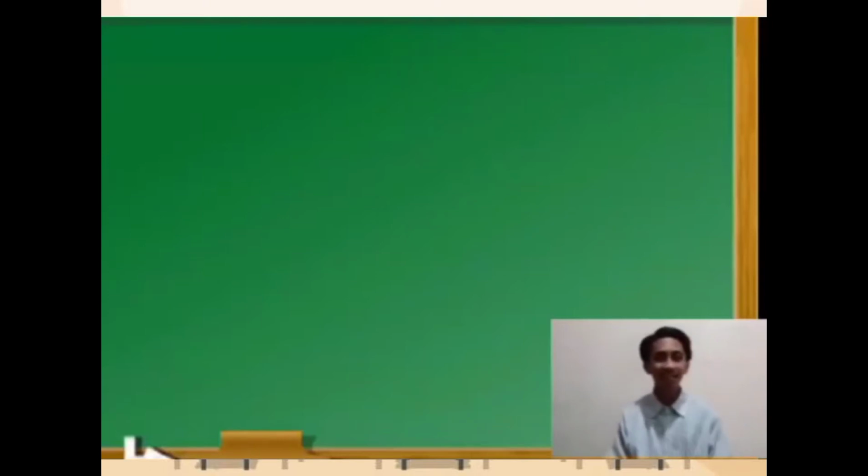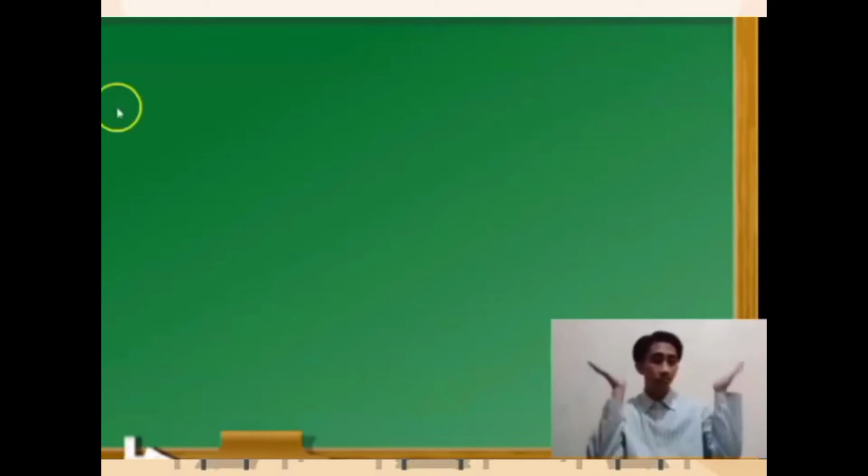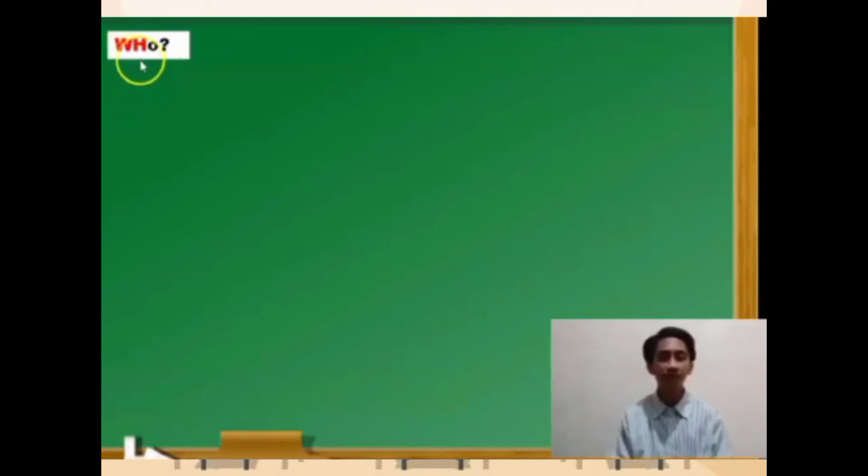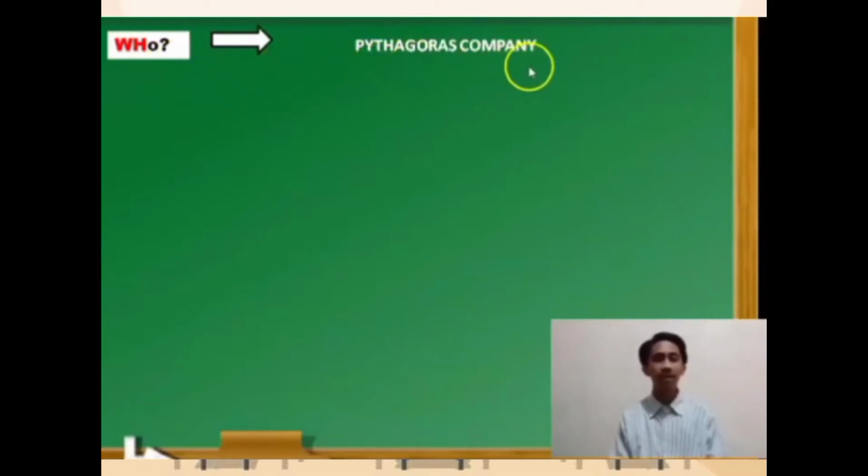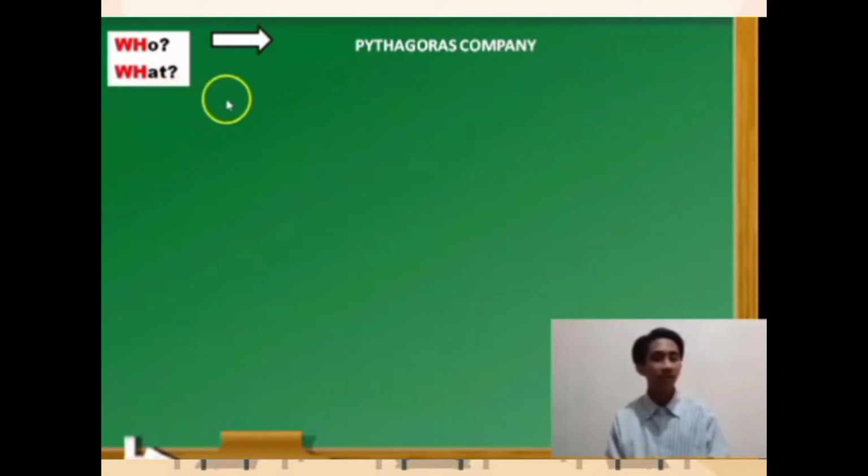Come on, let's get started! The first step is the heading. For us to easily remember, keep in mind these three WH questions. First is who, or the name of the company, which in our example is the Pythagoras Company. Next is what, or the name of the financial statement you are doing.